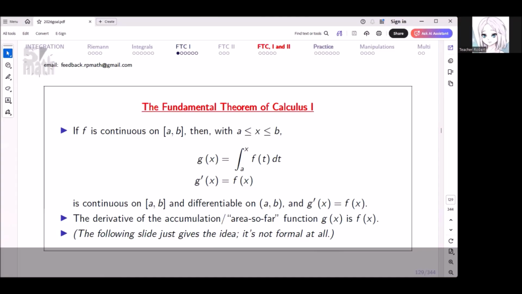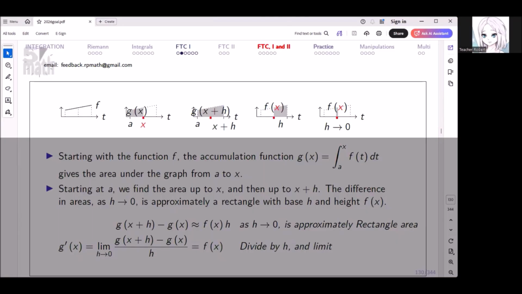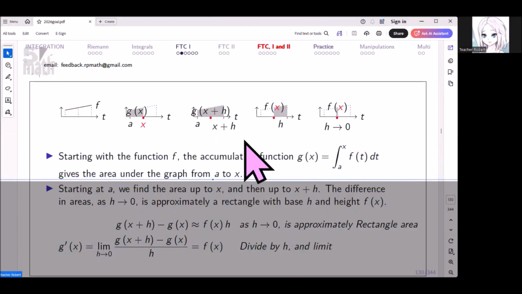The following slide just gives the idea. It is not formal at all. Starting with the function f, the accumulation function g of x equals integral from a to x of f of t dt gives the area under the graph from a to x.